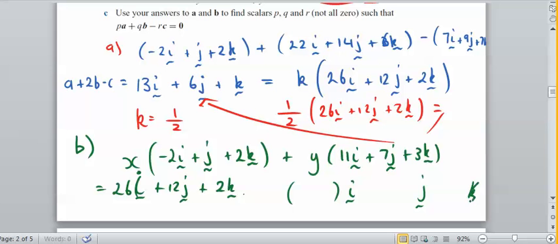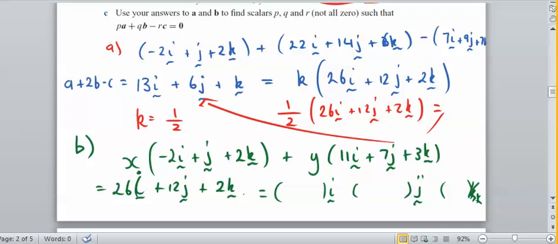Yeah, that's not really going to work. I've run out of room a fair bit using this method. Let's just say that that equals i, j, and that's k.